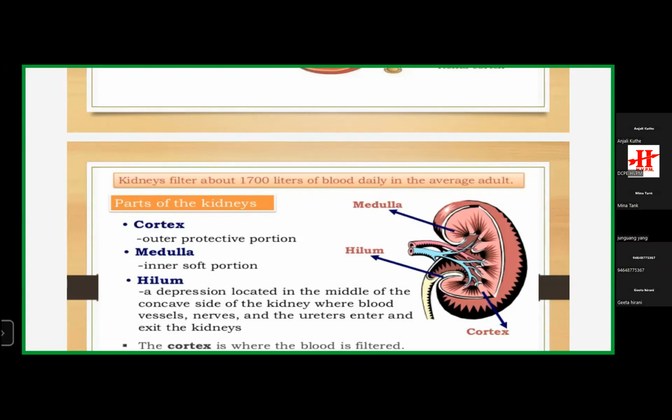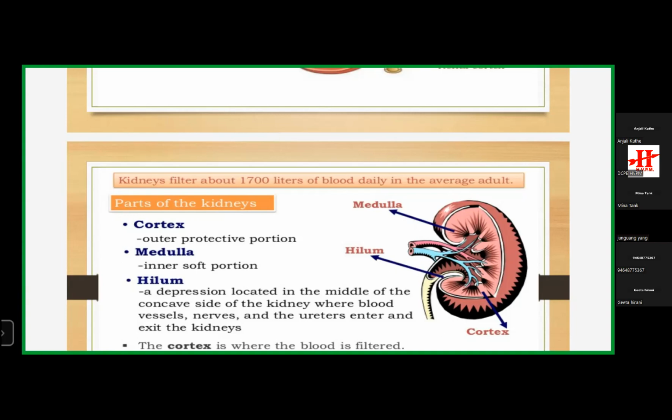This is known as the gate of the kidney because important blood vessels like the renal artery carry pure blood to supply nourishment to the kidney, and renal veins remove the impure or deoxygenated blood as it leaves the kidney. That means entrance and exit, the gate of the kidney, is known as what? Hilum.